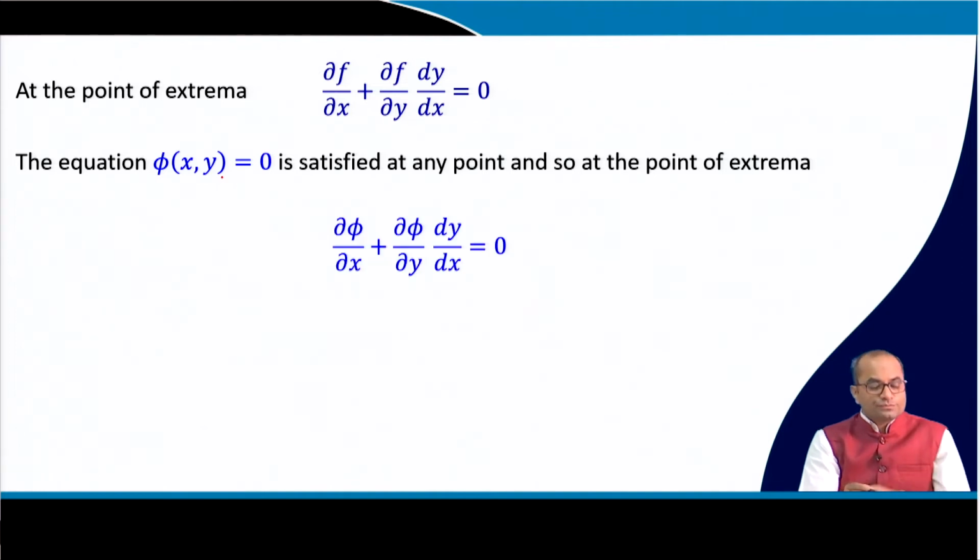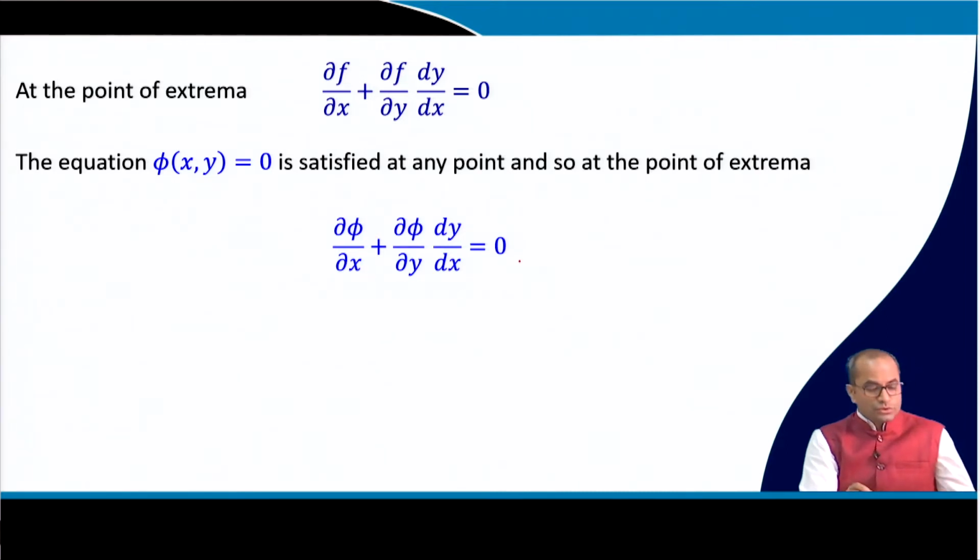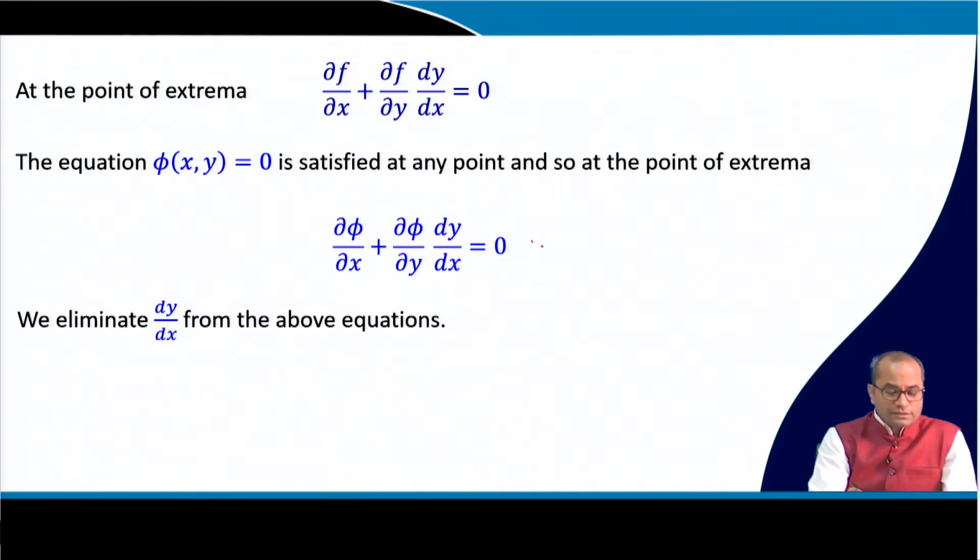So if we differentiate phi(x,y) equal to 0 with respect to x, we get del phi over del x, times dx over dx which is 1, plus del phi over del y times dy over dx, equal to 0. This is another equation satisfied at the point of extrema.